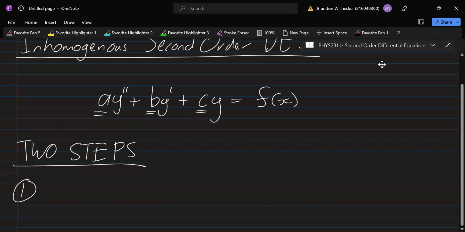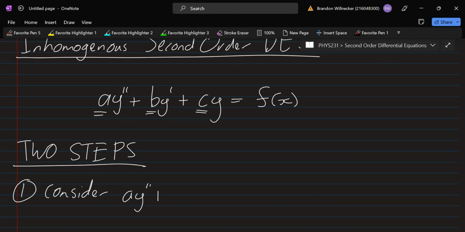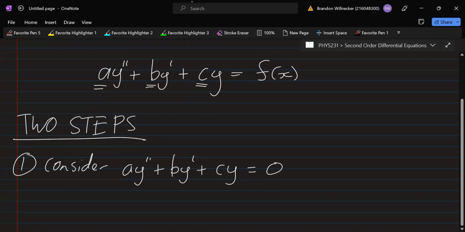The first step is to consider a y double prime plus b y prime plus c y is equal to 0. We ignore the f of x for this step and just assume the equation is equal to 0.